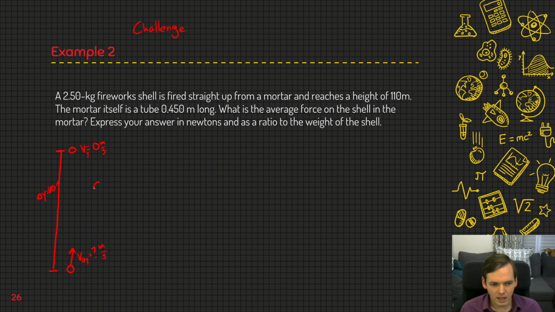The entire time that it's in the air, a equals negative g equals negative 9.8 meters per second squared, because it's pointed down. And we can use all this to find this initial velocity. Why does that help us?